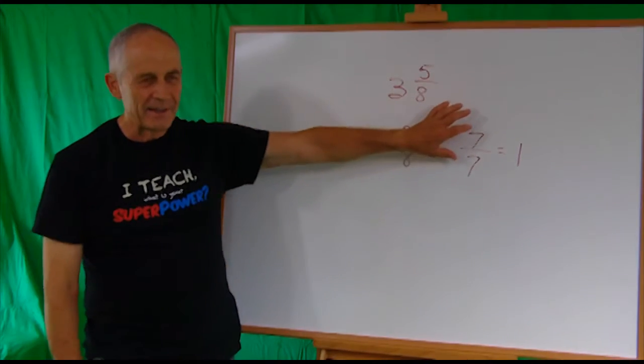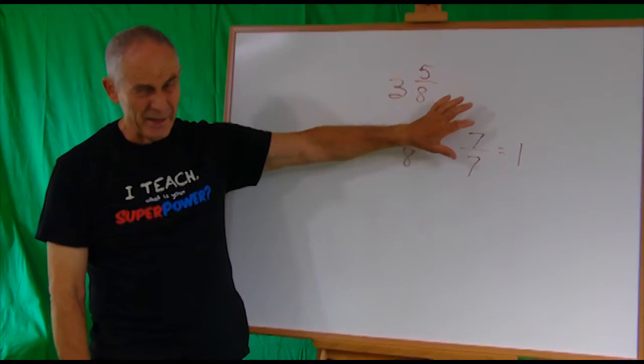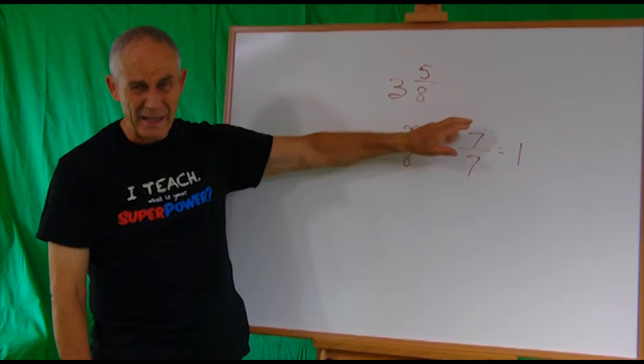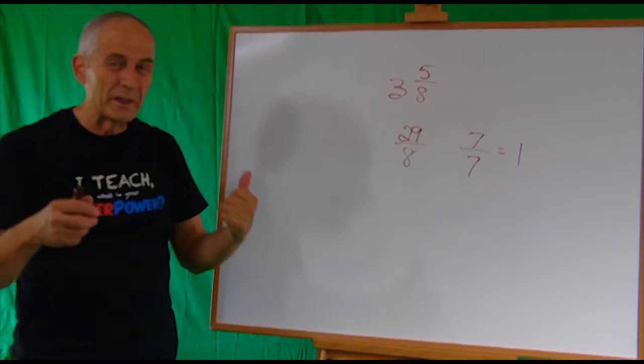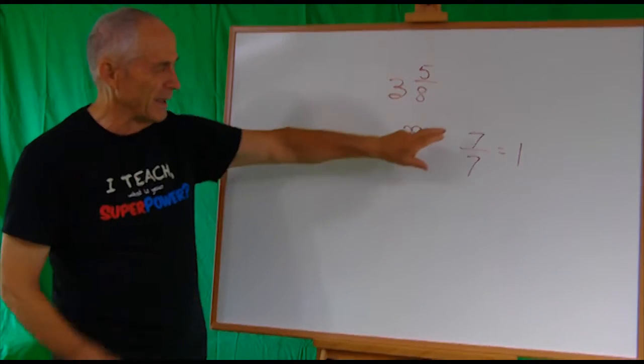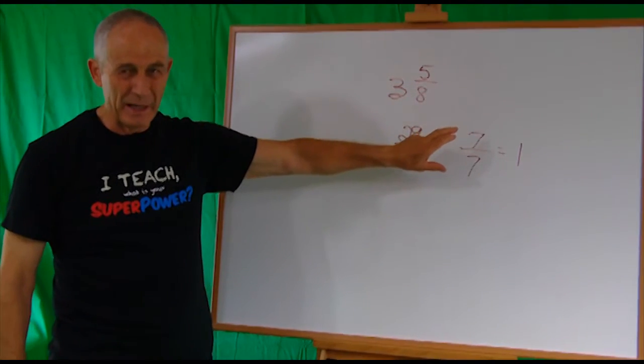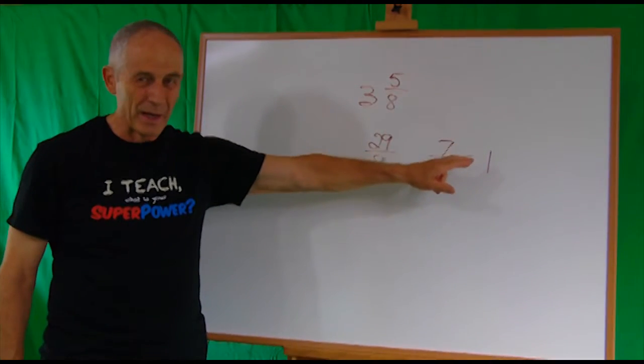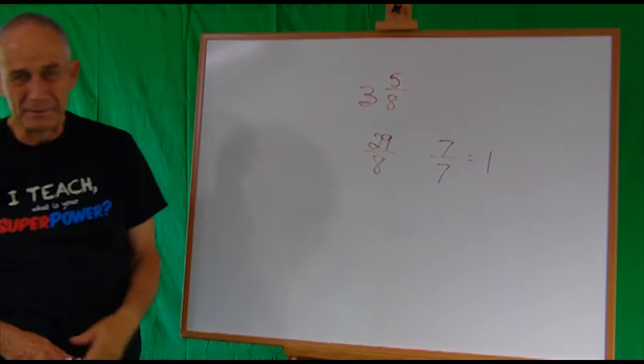As I said, this would always be considered an improper fraction because we would never write it like that, because we always reduce fractions. And since any number divided by itself is 1, we would always write it as a 1 and not as a 7 over 7.